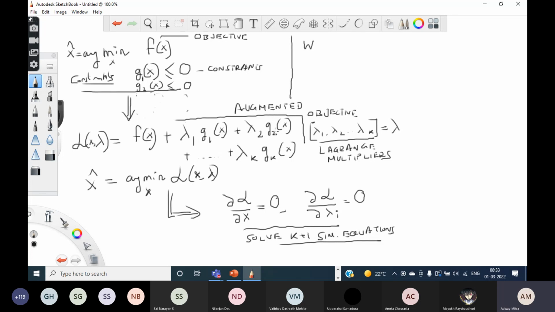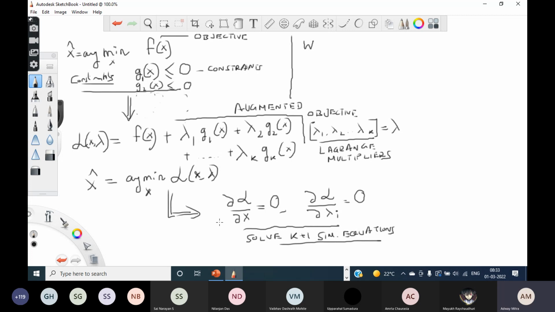That is, the lambdas are kept flexible so that they can scale themselves in such a way that those things never go up.